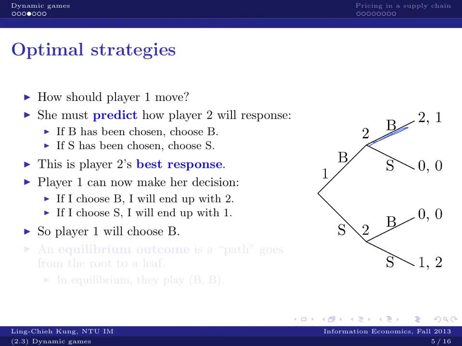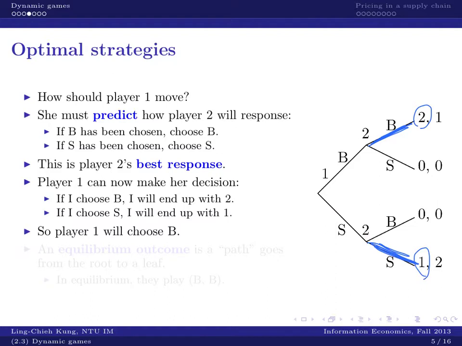Given this knowledge, player 1 can now make his own decision. He knows that if he chooses B, the result will be B and B, and he can get 2 as the outcome. If player 1 chooses S, the result will be S and S, and he can only get 1.